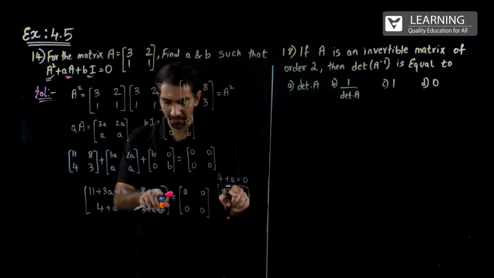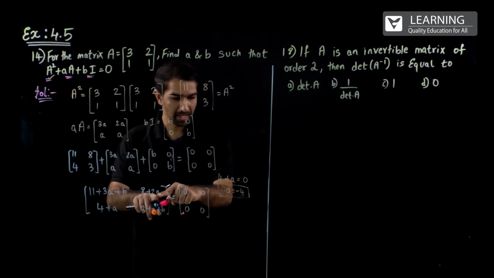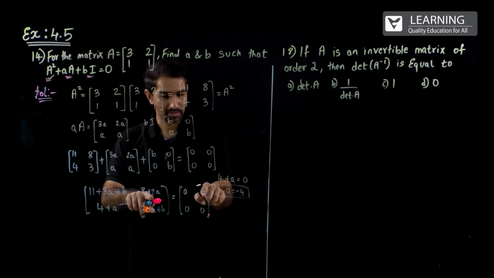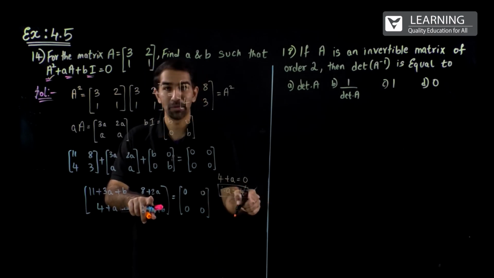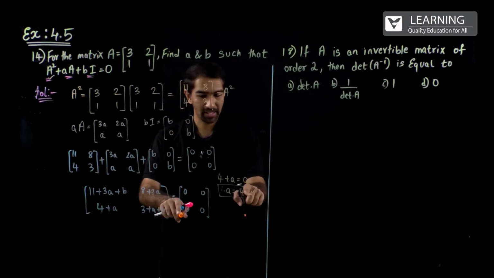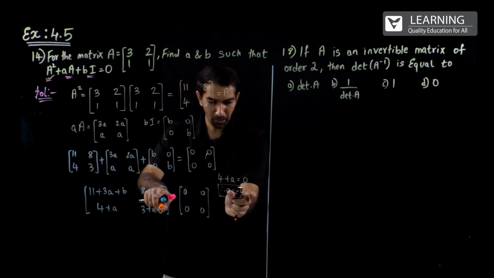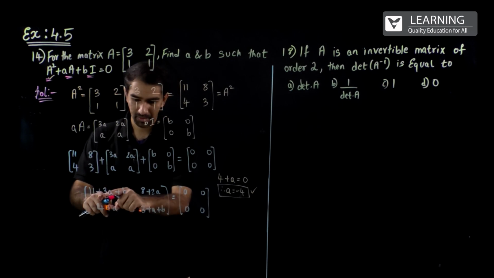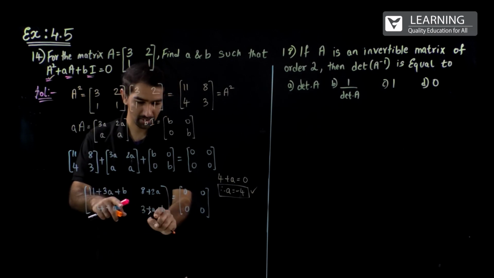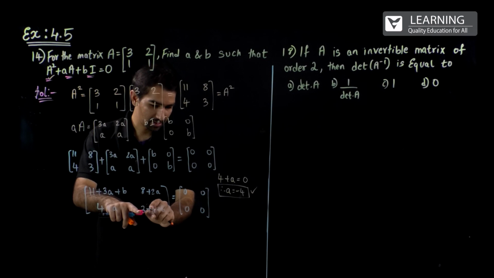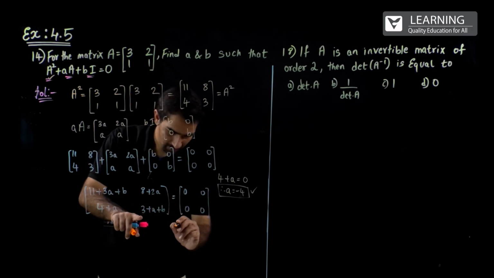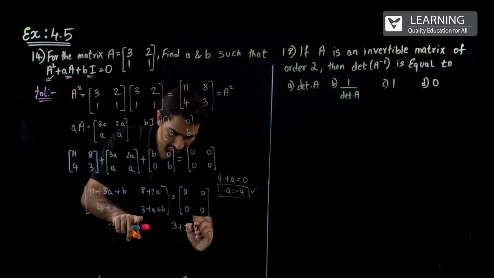Check whether this is satisfying for this case. In the place of A put minus 4. Minus 4 into 2 is minus 8. Minus 8 plus 8 is 0. So this value is right. A value is correct. Cross verified also, and it is satisfying this. Now put this A value either here or here. So I think it would be better here, right? So there is a multiple for A here, but here the coefficient of A is 1. So in this equation, that is nothing but 3 plus A plus B is equal to 0.